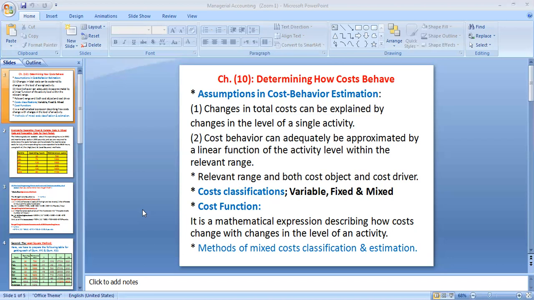The cost function, I said, is a mathematical expression describing how costs change with changes in the level of an activity. That's why I told you the straight line equation, y equals a plus bx. Y is the dependent variable, but x is the independent variable.